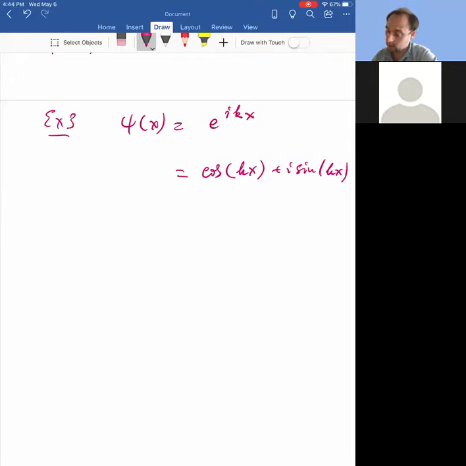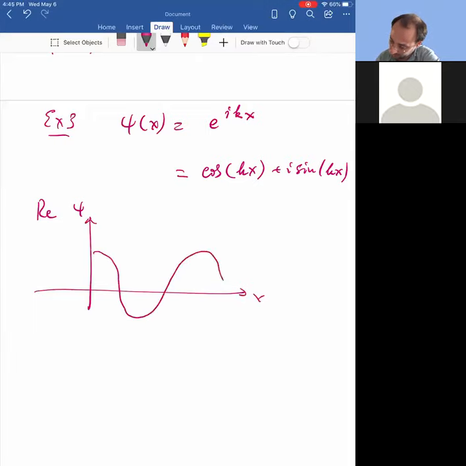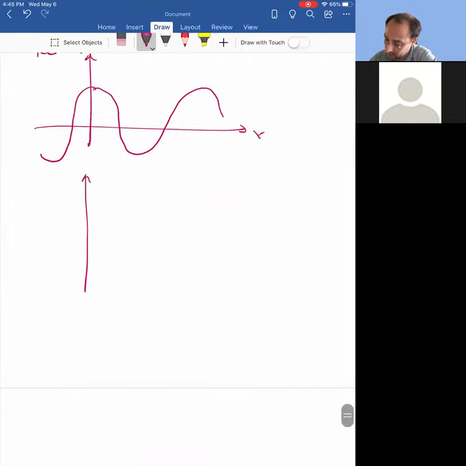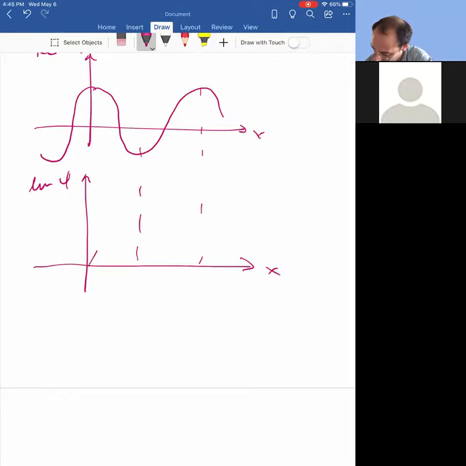Okay, so the real part of psi versus x is just a cosine wave. And the imaginary part of psi versus x is a sine wave.